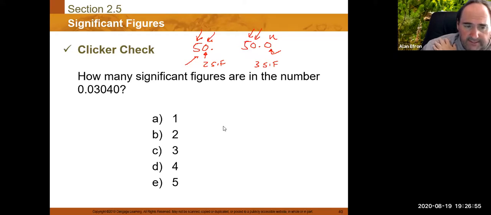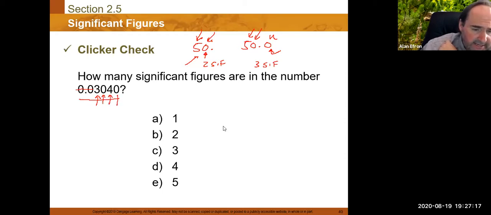Other questions on that? Okay. So if we take a look at this number here, and we want to know how many significant figures there are, this is 1 significant figure when we start counting. Again, these are leading zeros, so we're not going to worry about them. This 0 is trapped, so it's significant. This 4 is significant.